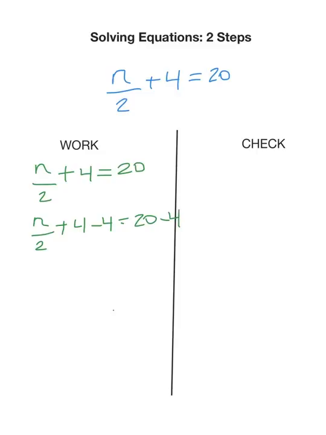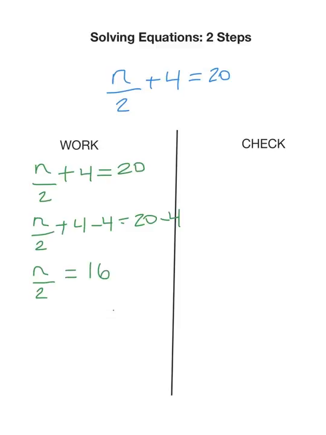And now we can just solve the second part. So we write it down as n divided by 2 plus 4 and minus 4. Well, again, as you remember from your integers unit, that becomes 0, so we don't worry about writing that down, equals, what's 20 minus 4?